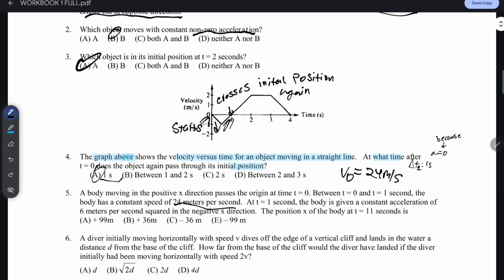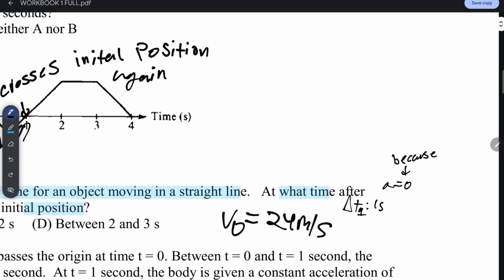Okay, so the acceleration is 0 because it is at constant velocity.